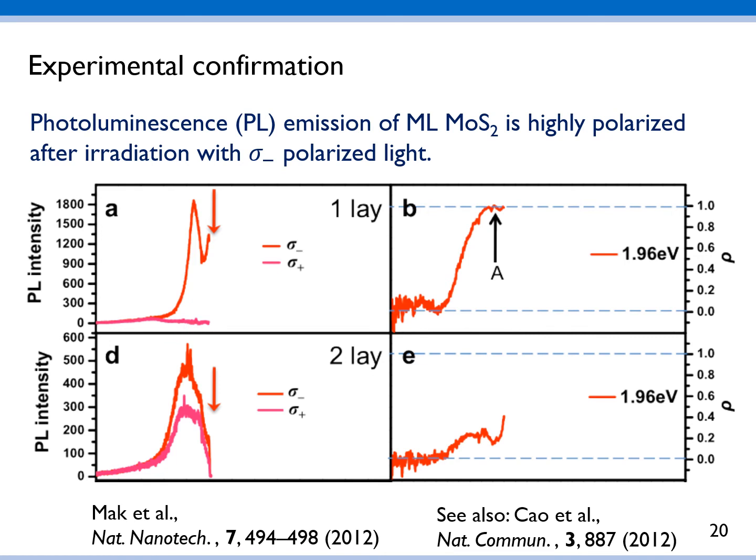That's what you can see in the right panel. In the lower two panels, you can see the same experiment they did just for a bilayer sample. And as we discussed, in a bilayer, the spatial inversion symmetry is reinstated, and so that's why they don't get a high polarization, only about 25%.